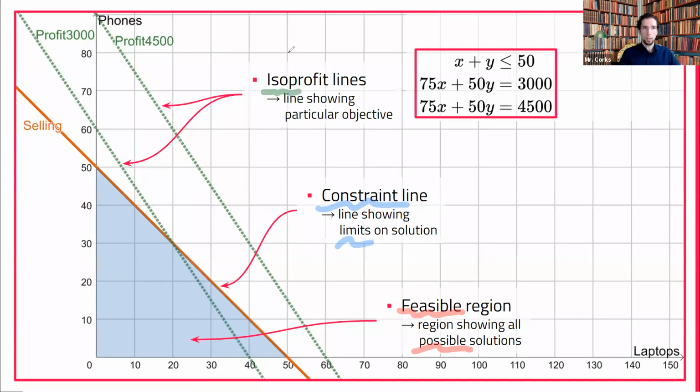Iso, again, meaning same. And later we will have iso cost lines and iso revenue lines and iso whatever lines, whatever we're trying to optimize. So iso function lines is our more general term. Okay, those are the terms and labels that we'll be using as we discuss this.